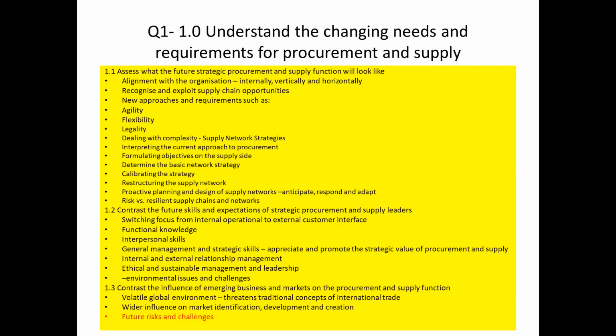indicative content bullet points, if you're answering a question on future skills, you'll have all the stuff we've covered, but be clear that you need to know about functional skills, interpersonal skills, soft skills, technical skills, general skills. So you need a reasonably broad view of what skills are, not just throw the word skill in.